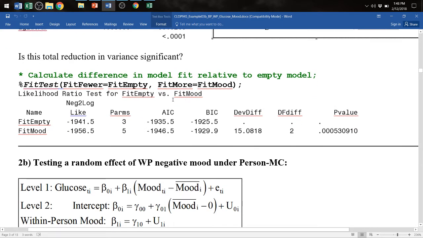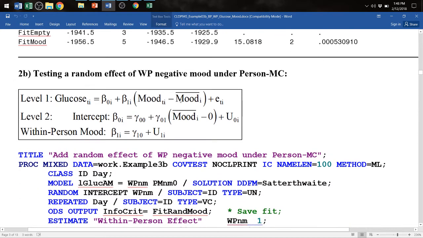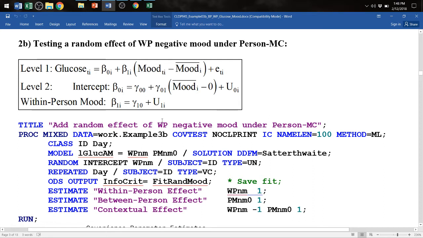So I asked you earlier which level of effect could potentially have a random effect, and we decided on within person negative mood. So let's try that. Just like the first part of the time modeling was fixed time, then random time, same idea here. I have a linear effect of within person mood. Could I potentially have a quadratic effect too?